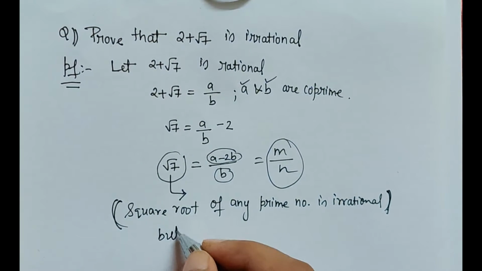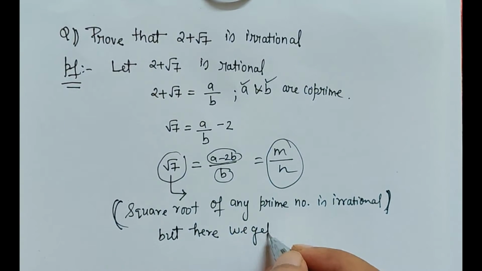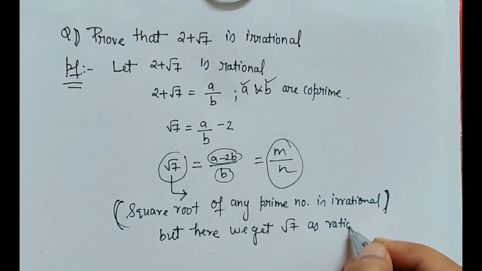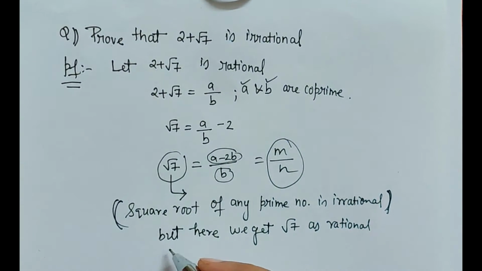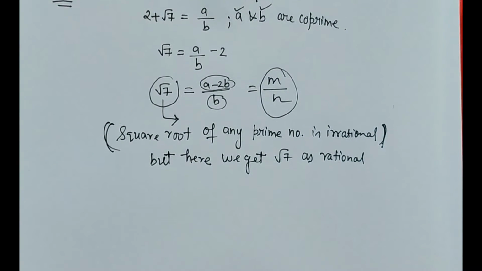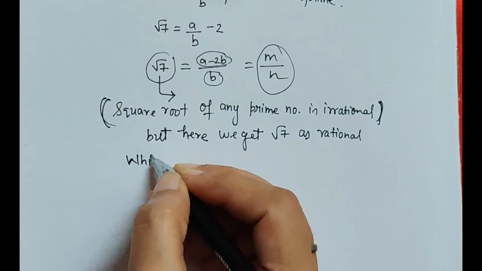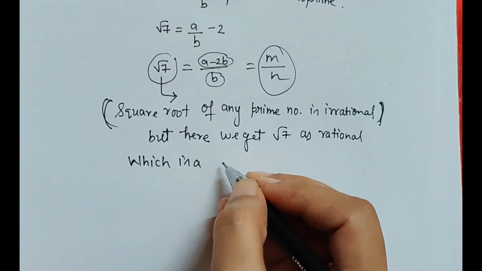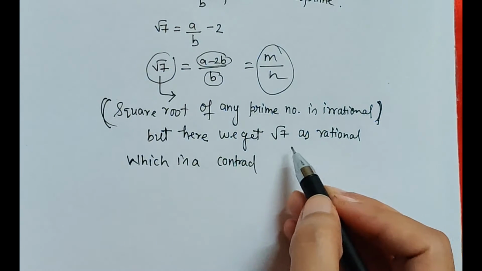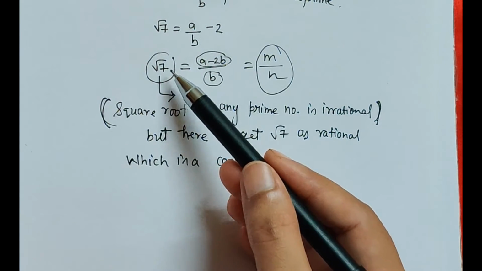But here we get root 7 as rational, which is a contradiction. We will write that contradiction over here. What is the contradiction? Our assumption that root 7 is rational, and the fact that root 7 is irrational.